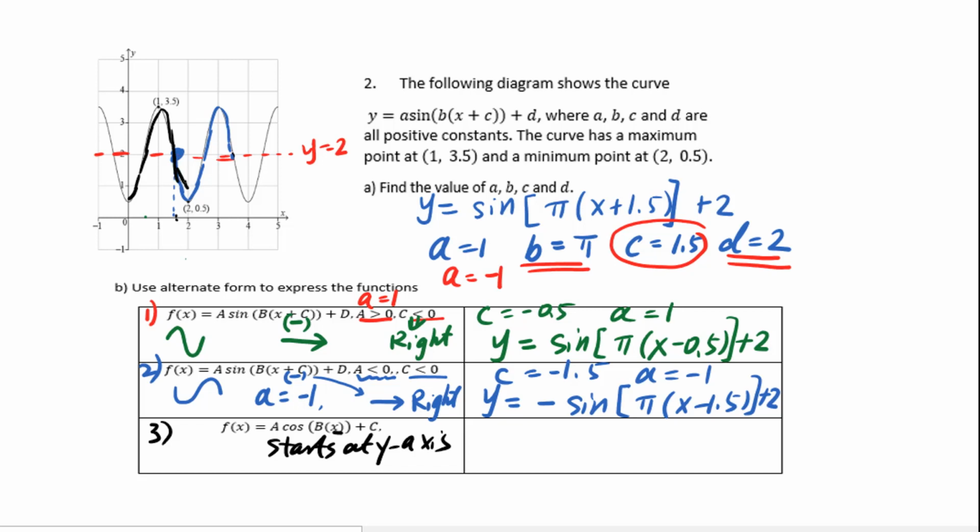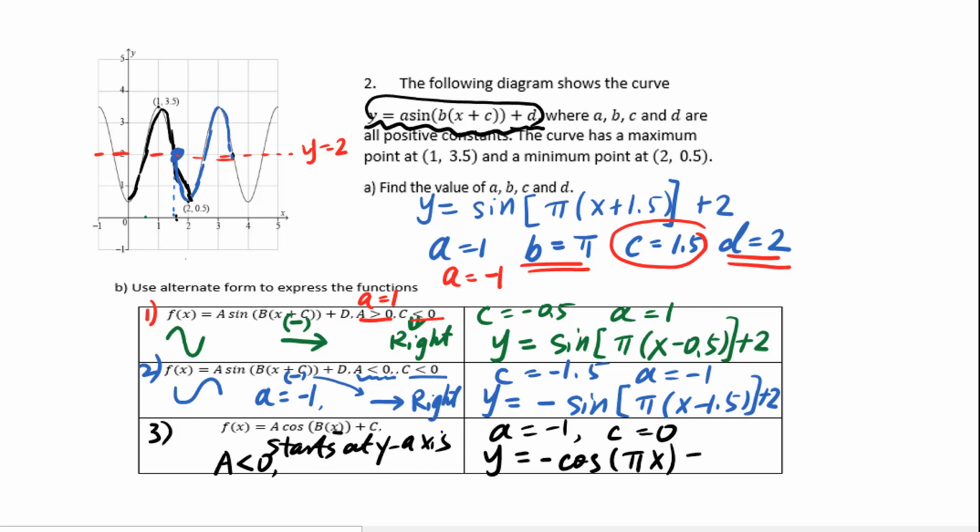From the y-axis, you could say this a is a negative number. Therefore, for this pattern, you will get a equals negative 1 and c equals 0. Therefore, the function will be y equals negative cosine(pi x) plus 2.